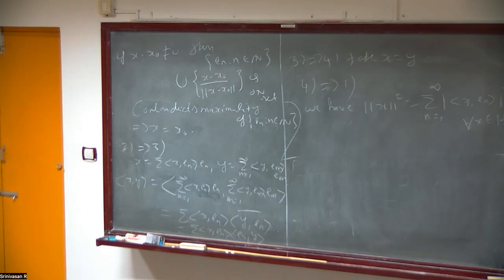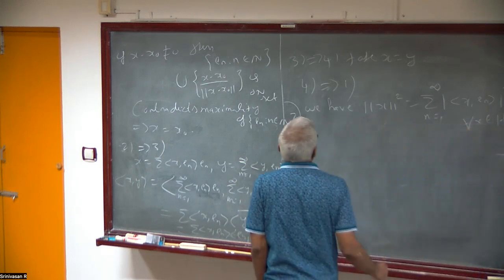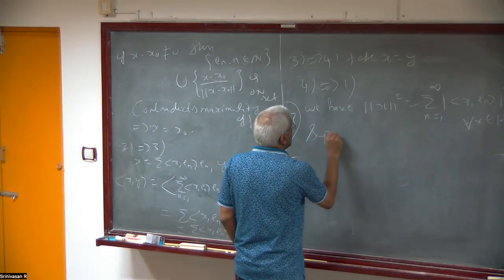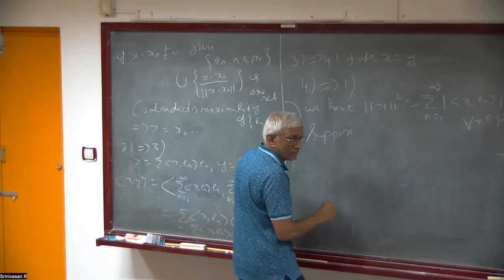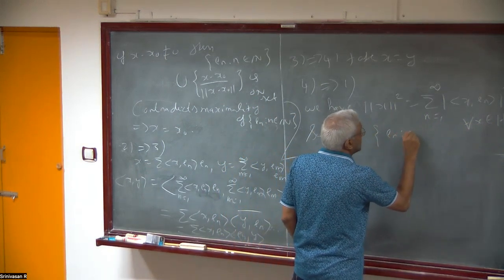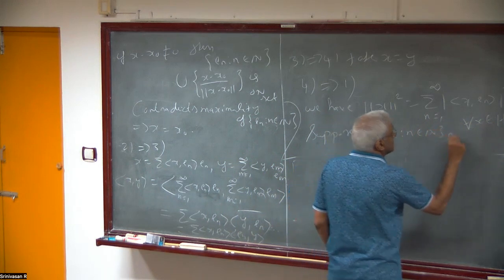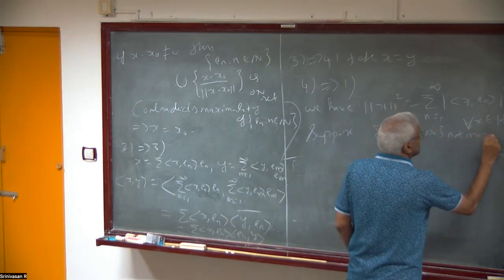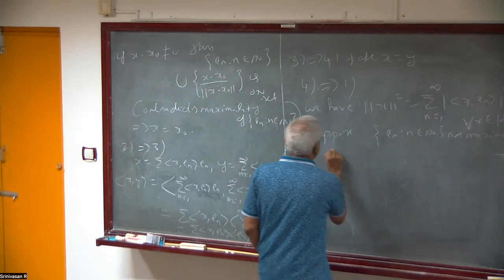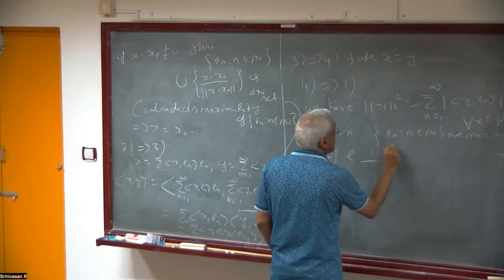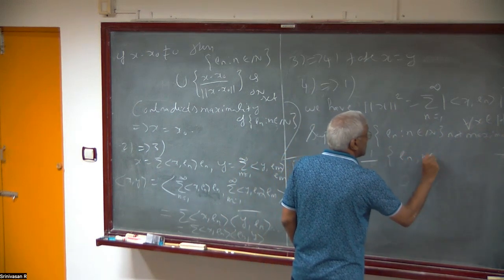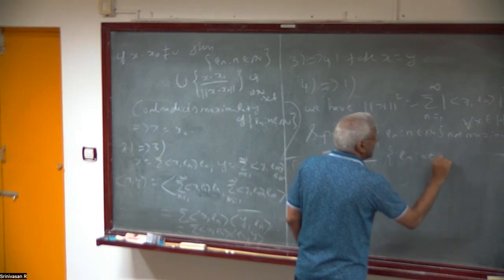There is no other orthonormal set bigger than that. Okay. So suppose it is not maximal. Suppose En is not maximal. That is, there exists an E which is orthogonal to all these En. Right? That's what it means.